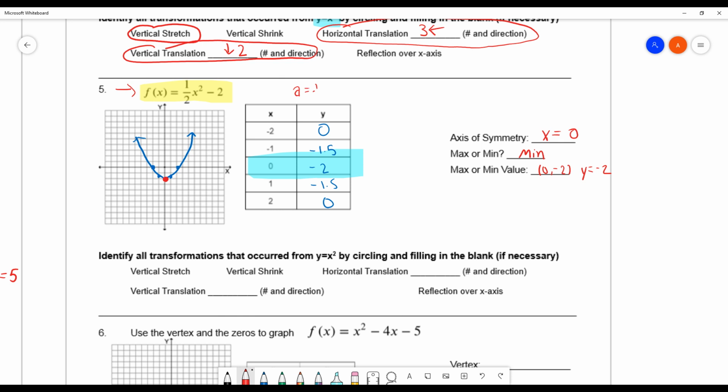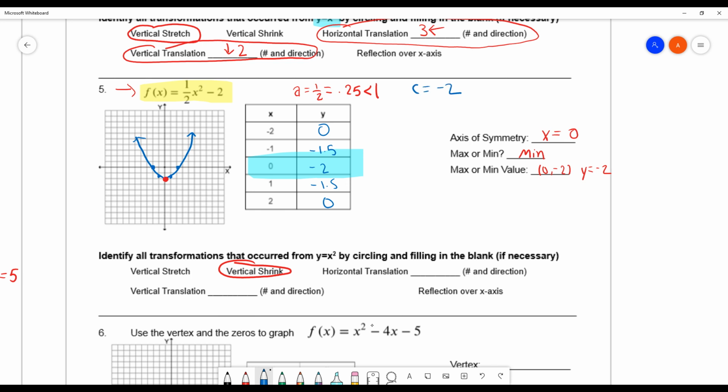The transformations that occurred from our parent function, let's look at our equation. A is 1/2. As a decimal, that's going to give me 0.25, and that is definitely less than 1. So if it's less than 1, it's going to be a vertical shrink. Now this one, I'll notice here that I have a -2 at the end. That's going to shift, so my C is -2.